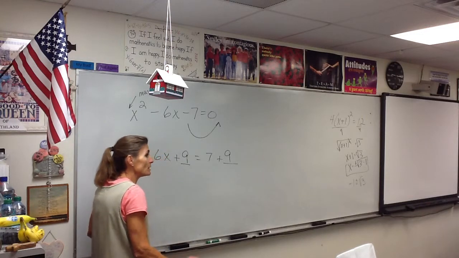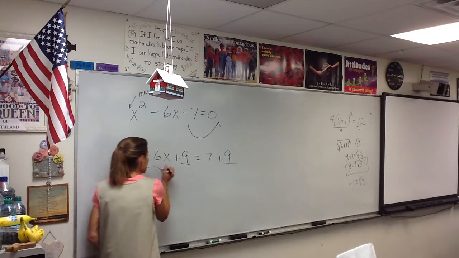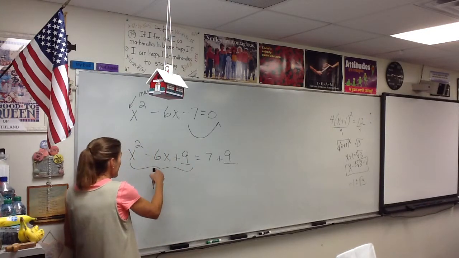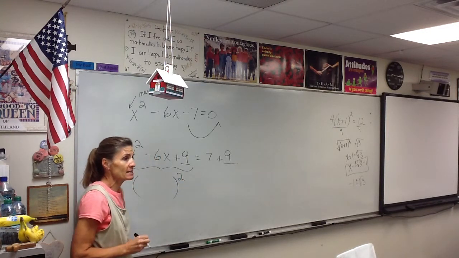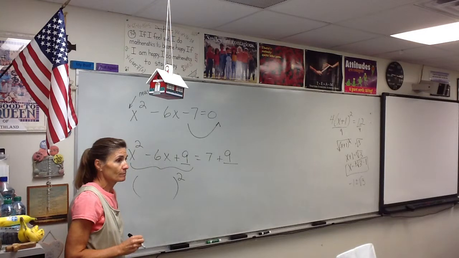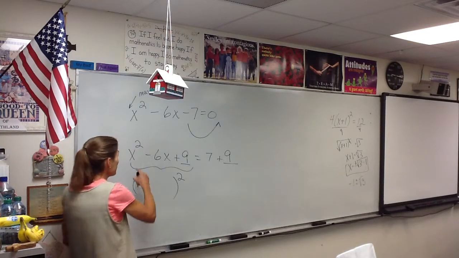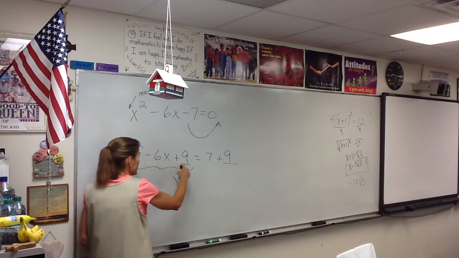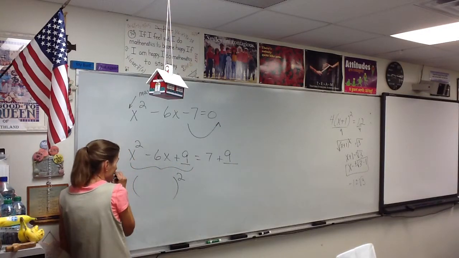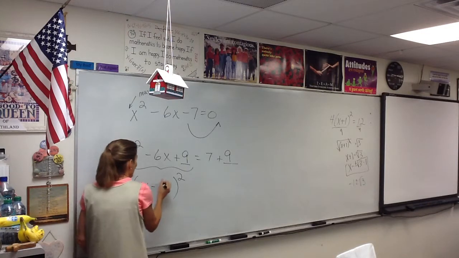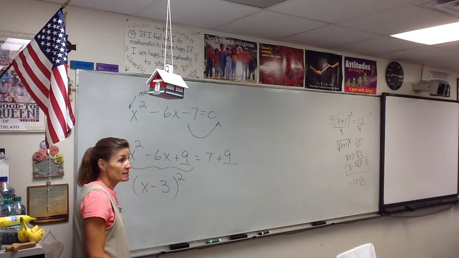Now, why did we do that? We did that so that this would become a perfect square in parentheses. What perfect square in parentheses would equal this right here if I multiplied it out? Somebody said x minus 3.